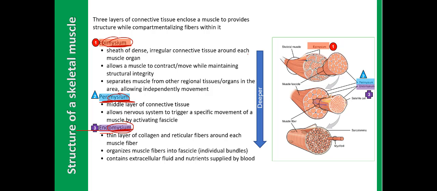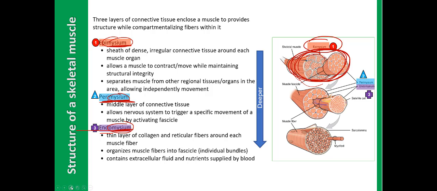So the epimysium is the most superficial layer. You can see over here, the epimysium is dense, irregular connective tissue. It separates out the muscle from other tissues and organs in that region, allows the muscle to move independently. And you can see here the epimysium covers the entire muscle organ.